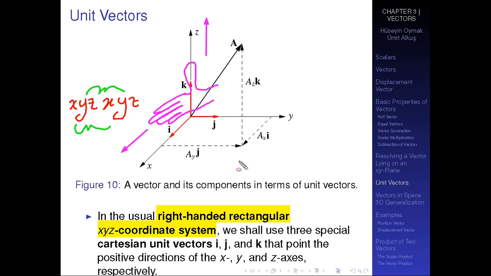In this usual right-handed rectangular XYZ coordinate system, we shall use three special Cartesian unit vectors. I points in the positive direction of the x-axis, J points in the positive direction of the y-axis, and K points in the positive direction of the z-axis.